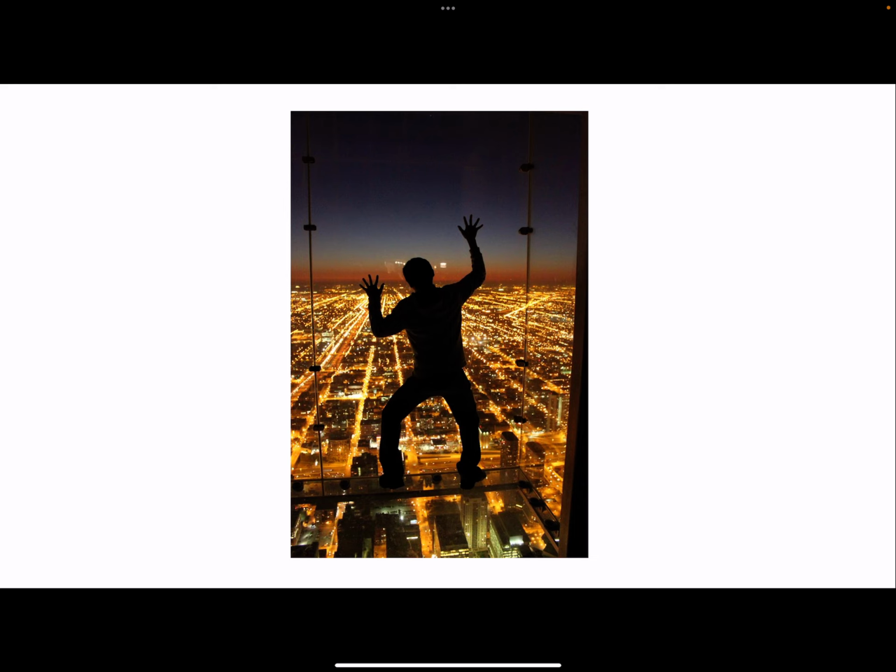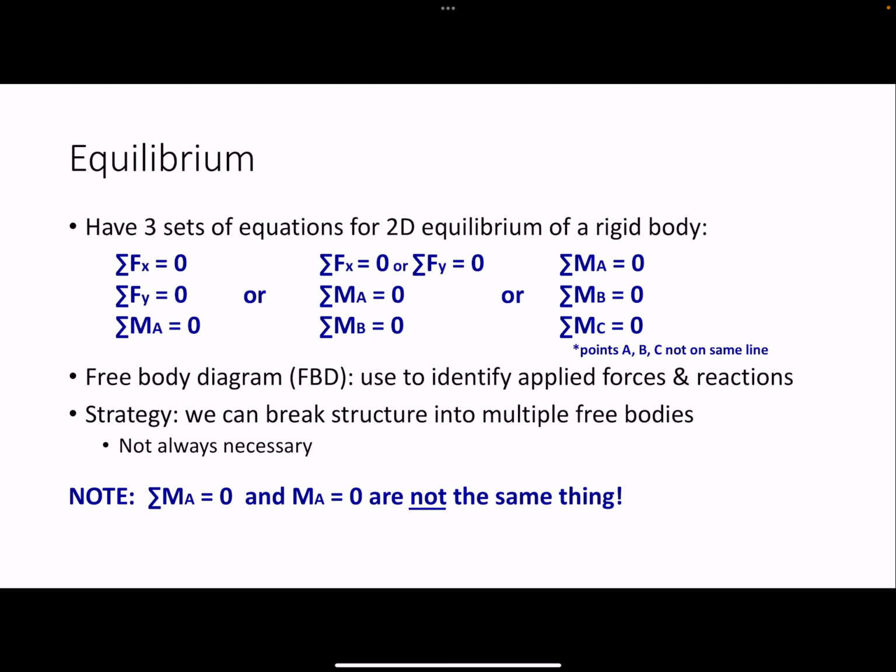So you step out there, you can look down and see the cars between your feet. It's kind of a weird experience, but I put it out there just to show the level of trust that we put in our structures. So we want to make sure that they meet all these criteria.